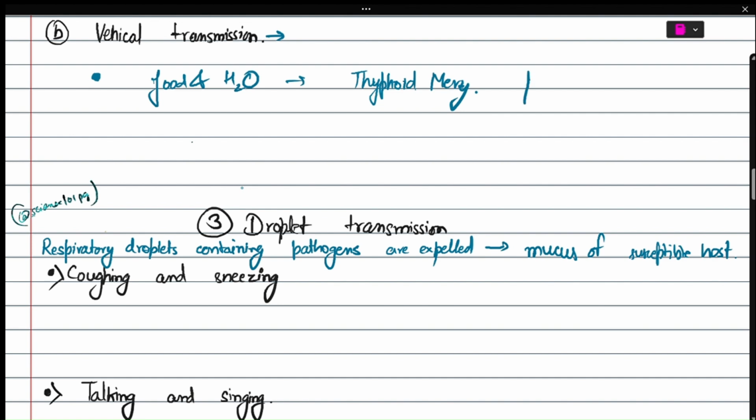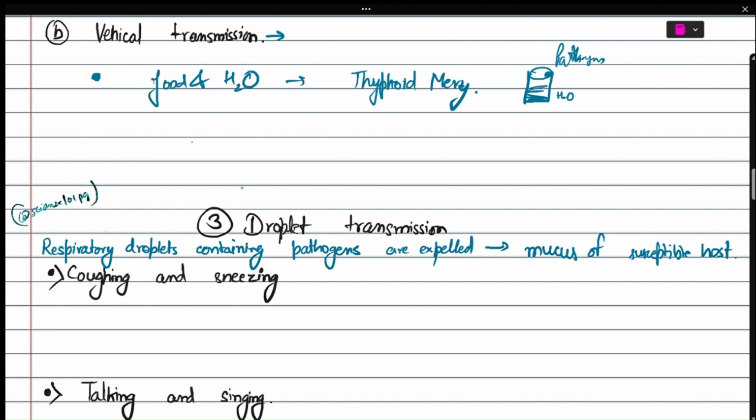Suppose now, especially in India, we say that sharing food or drink increases love. But sometimes, along with that love, pathogens can also get transmitted. Okay, so let us say I am an infected person. I am drinking water from this cup.